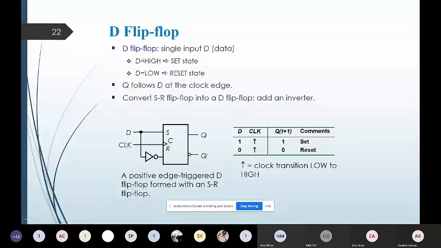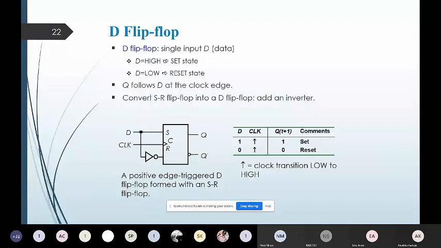As a single input is present, that input may be either high or low. And with respect to that input as either high or low, we are going to get two stable states of set and reset. But generally, in D flip-flop, we are saying that always the Q output is going to follow the D input with the clock edge.